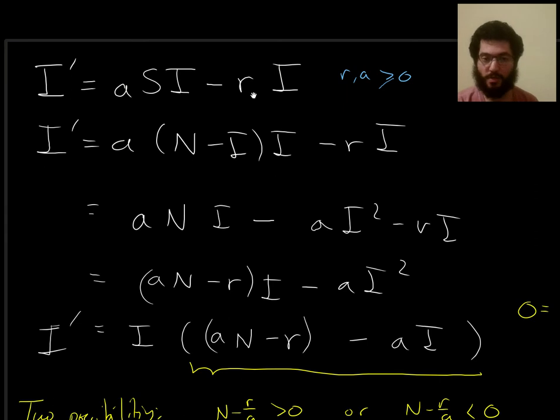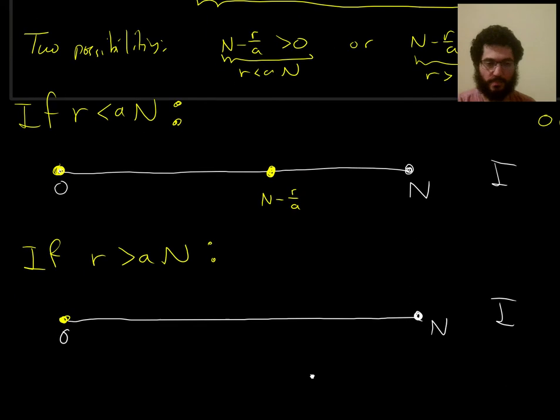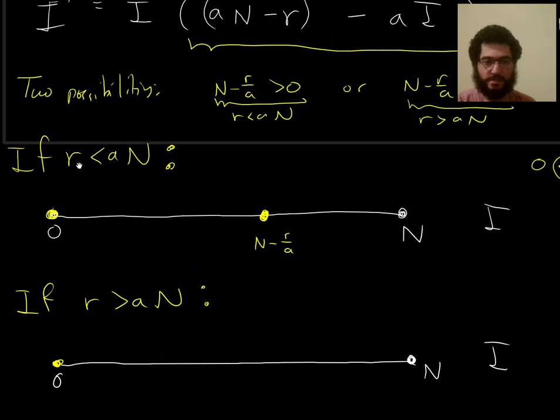And if R is small, then during any unit of time, a small proportion of the infected recover. So R is like the recovery rate. So this first case is about having a small recovery rate, smaller than whatever this threshold is, which seems to be an important threshold for this setup. And the second case here is a large recovery rate. So let's call these the low recovery and the high recovery cases.